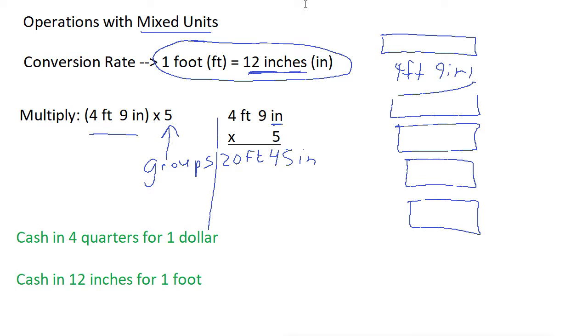You can say, okay, well, let's cash in 12 inches, but then add a foot. And what you're going to find is that you'll be left with 33 inches. You could cash in another 12 inches. You could do this several times, and you can do that if you want to, but I'm going to do this a different way. I'm going to have what I think is a quicker approach here to change my 45 inches.